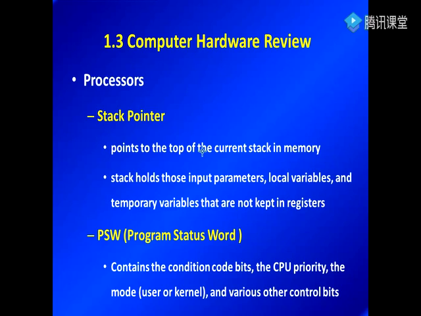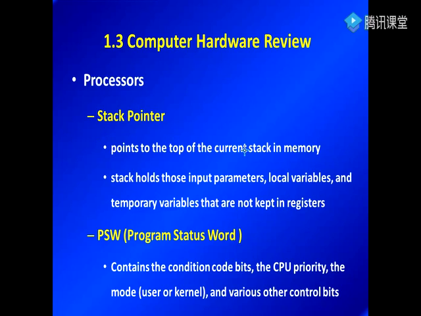In the CPU, there must be a register to store the stack pointer, which points at the stack of the process or the program in the CPU. So this is the stack pointer register. This register points to the top of the current stack for the process in the CPU, in memory.